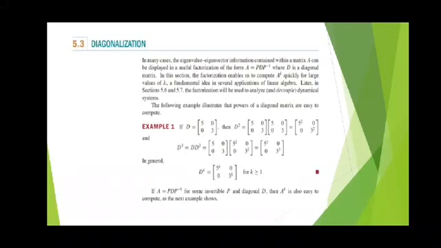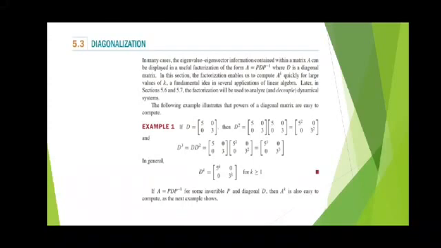Here, D square has the squares of the diagonal elements, and D cube has the cubes of the diagonal elements. So in general, D power k is equal to [5 power k 0; 0 3 power k], for k greater than or equal to 1.